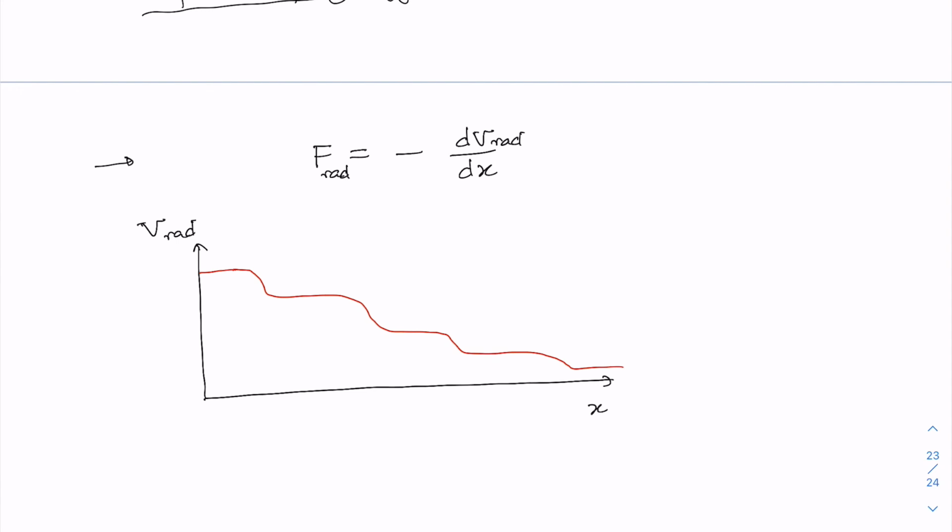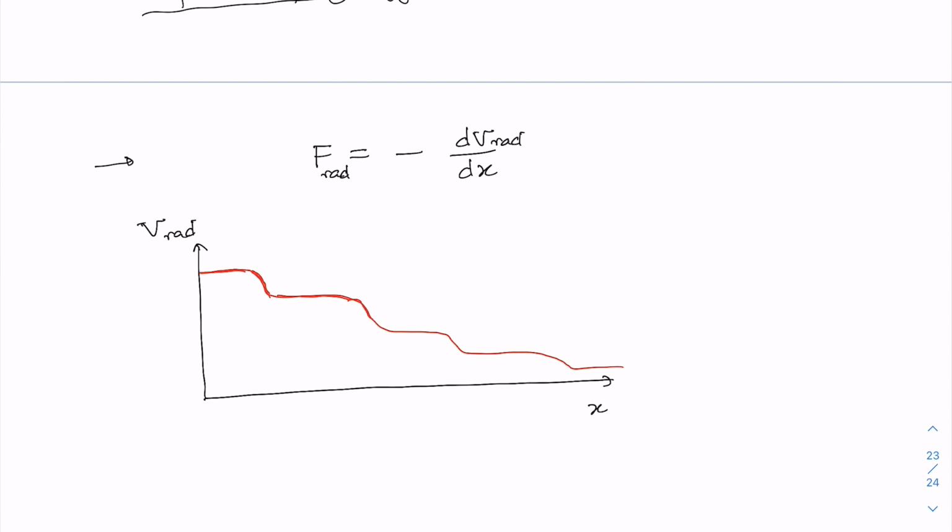Whenever there is a resonance peak, for example here, when there is no force, the potential would be constant, but at the resonance, the force would be very strong, and we'll have a stair here. Then we'll have another step, and again another step, and so on.